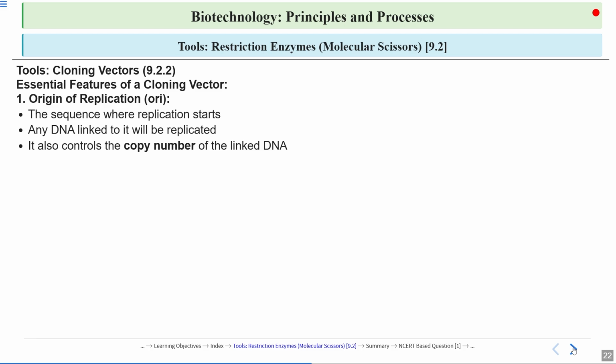What is copy number? Copy number is the number of times that DNA will be present in the genome. If there is a higher copy number of our gene of interest, it will be good, and if it is lower, it will not be that good. So the origin of replication is responsible for the copy number also.